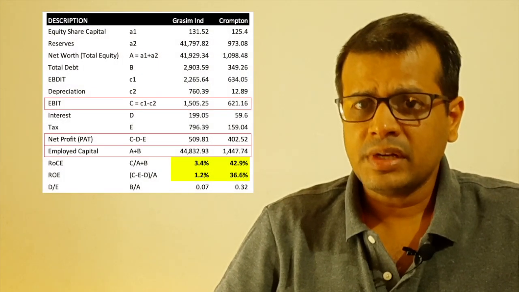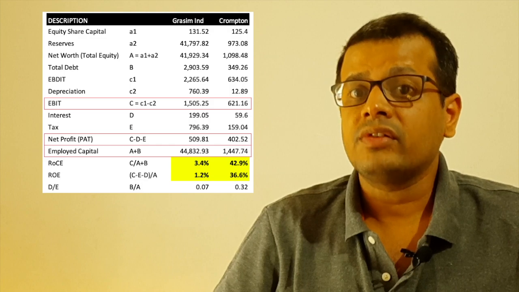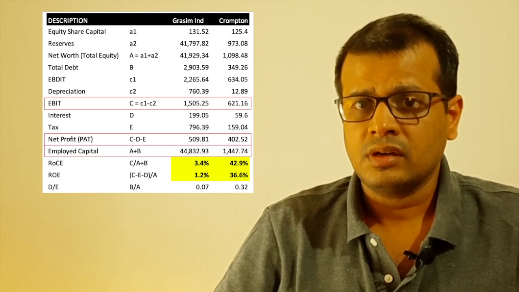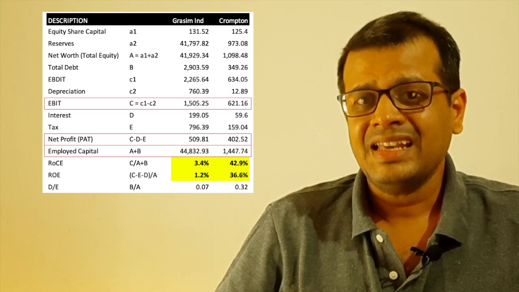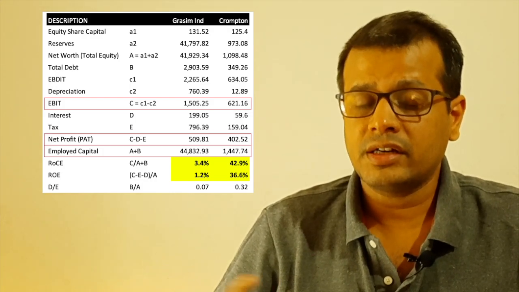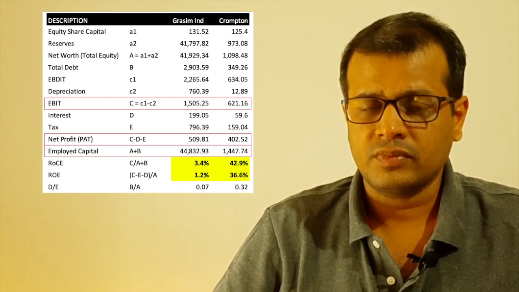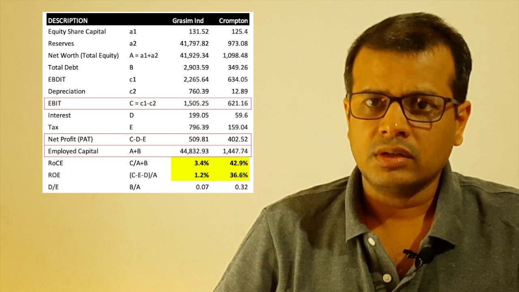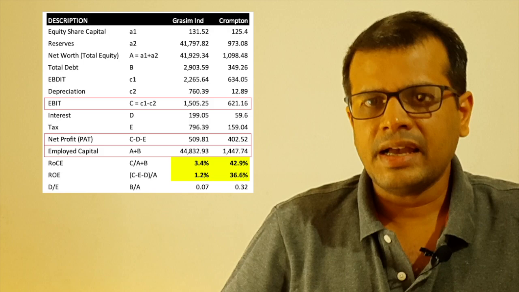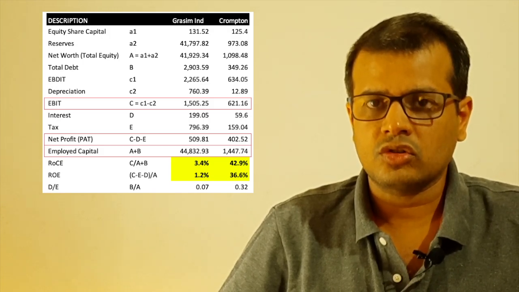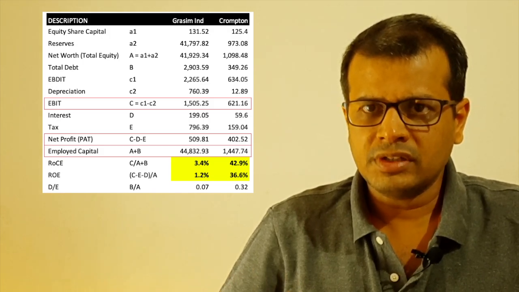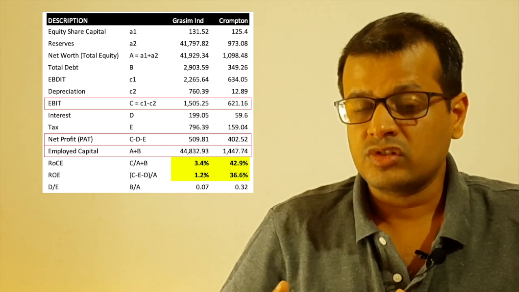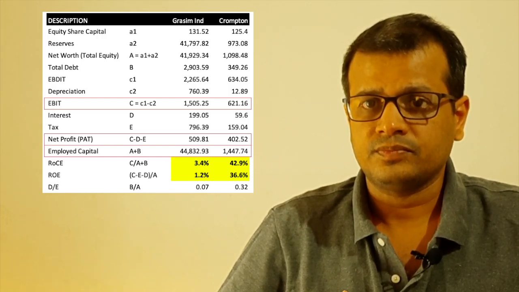Grasim Industries is generating around 500 crores of net profit, while Crompton Greaves is generating around 400 crores of net profit. Talking about EBIT, Grasim Industries' EBIT is around 1500 crores and Crompton Greaves' EBIT is around 620 crores.